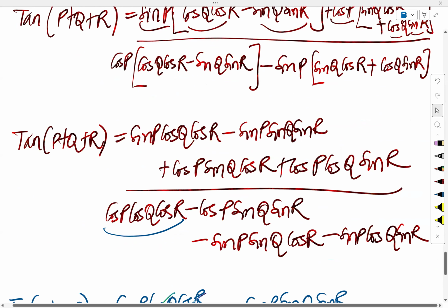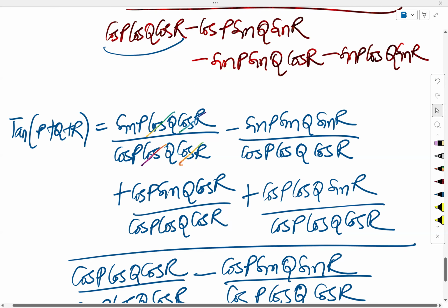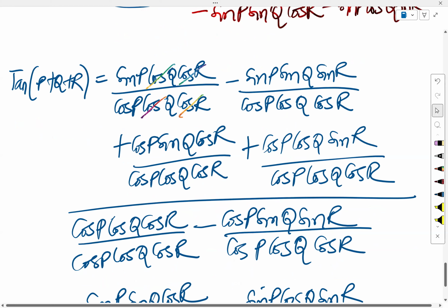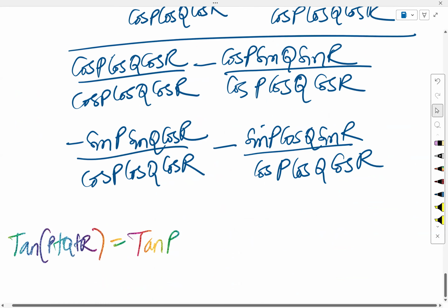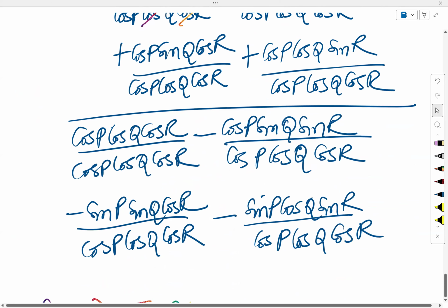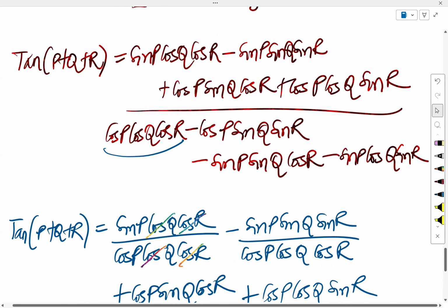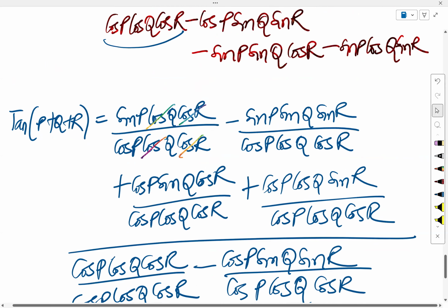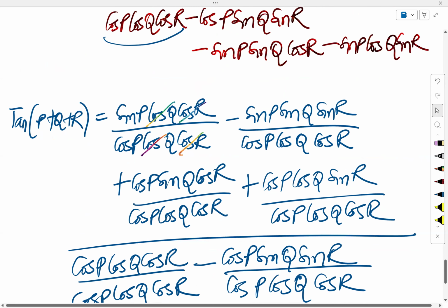And then here, nothing is canceling, so we have sine over cos, that's tan P tan Q tan R. Plus, is that plus there? It's minus, minus tan P tan Q tan R.